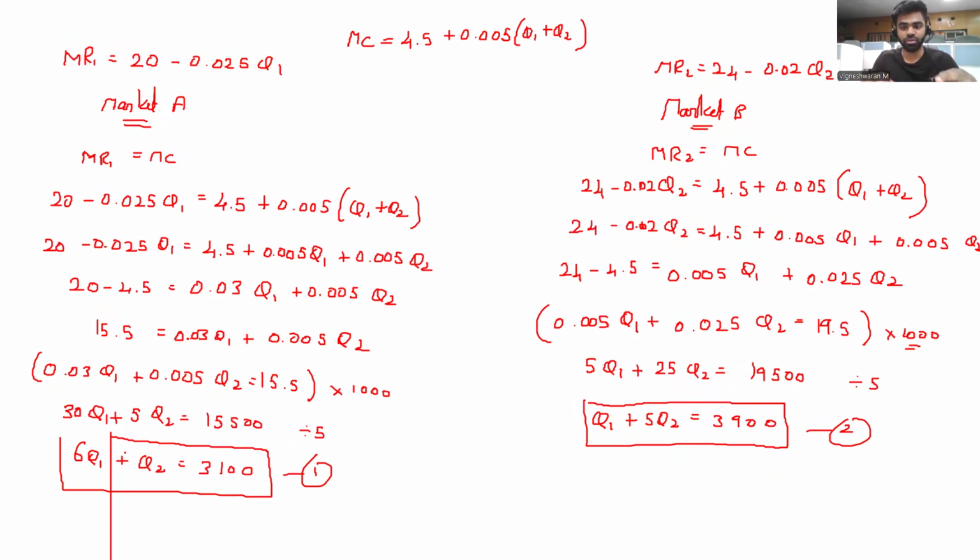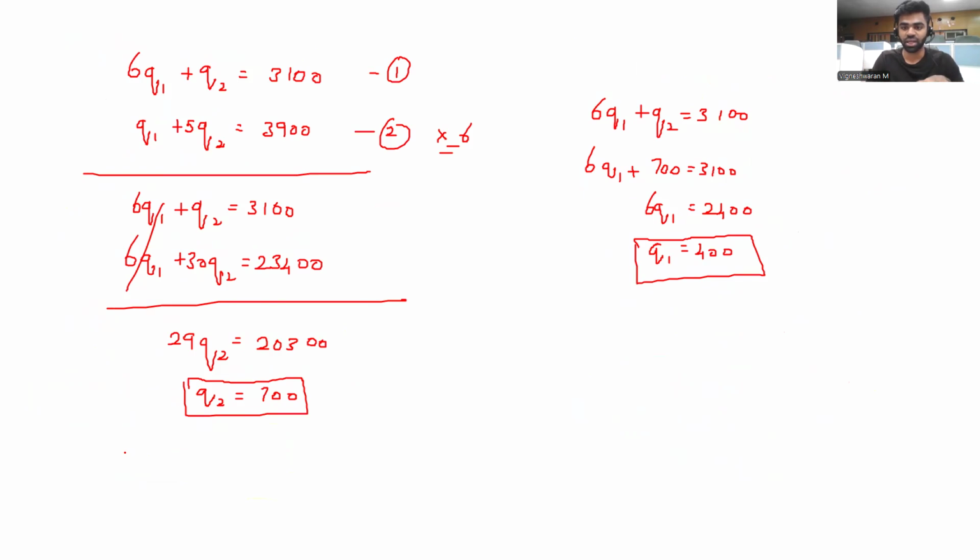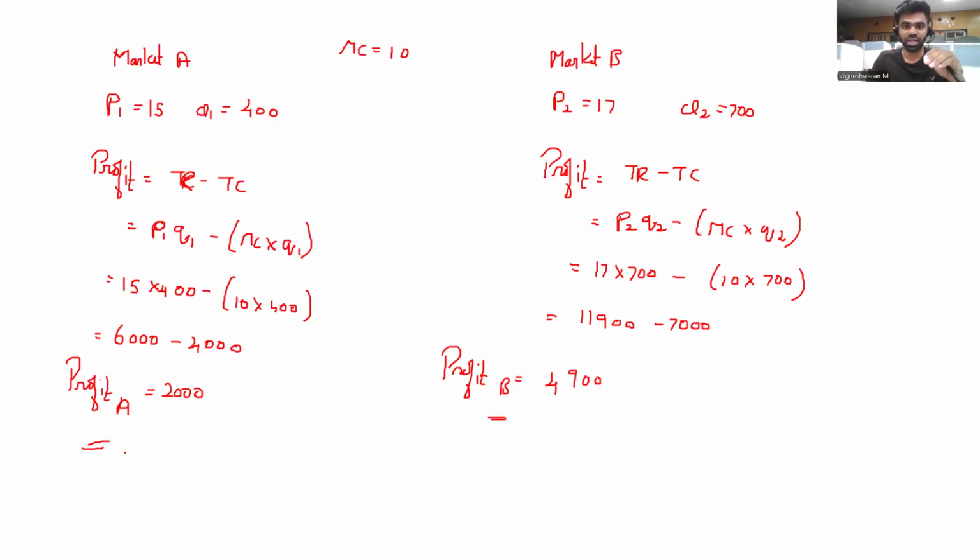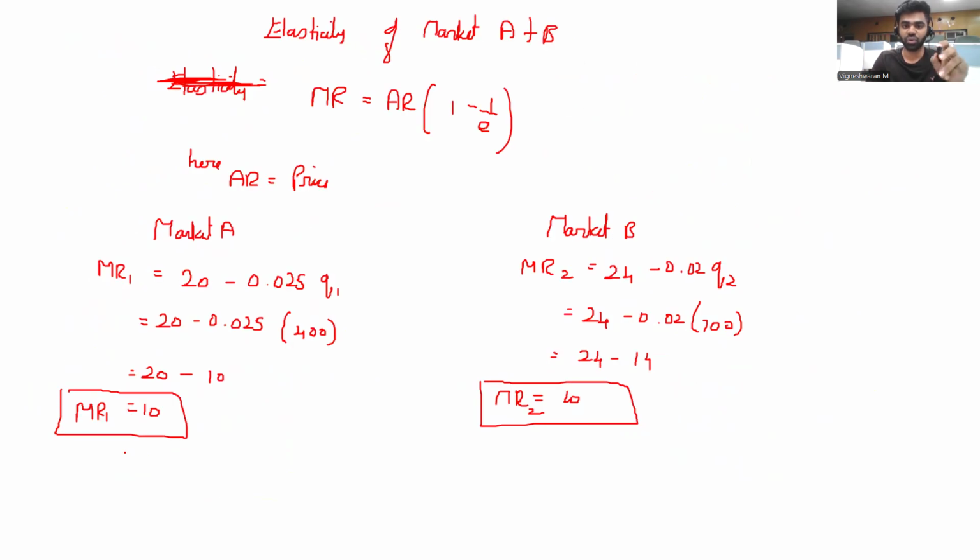At the end I was left with two equations, and I solved them to find the quantity. Then by substituting this quantity in the price equation, I got the price. With the price and the quantity, we can easily find the profit. Then for elasticity, you have to remember this formula: MR is equal to AR into 1 minus 1 by E. With this formula we can calculate the elasticity also. So that's all, friends. Thank you.